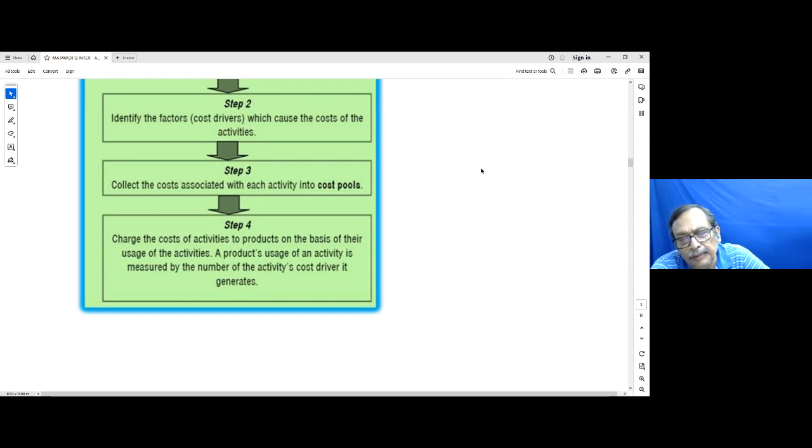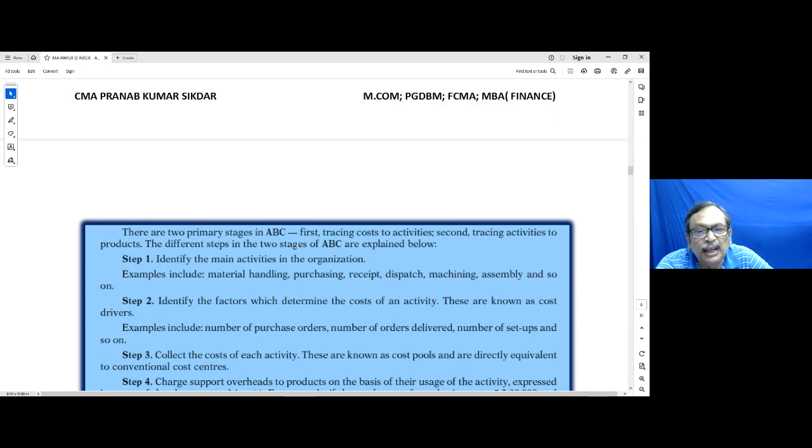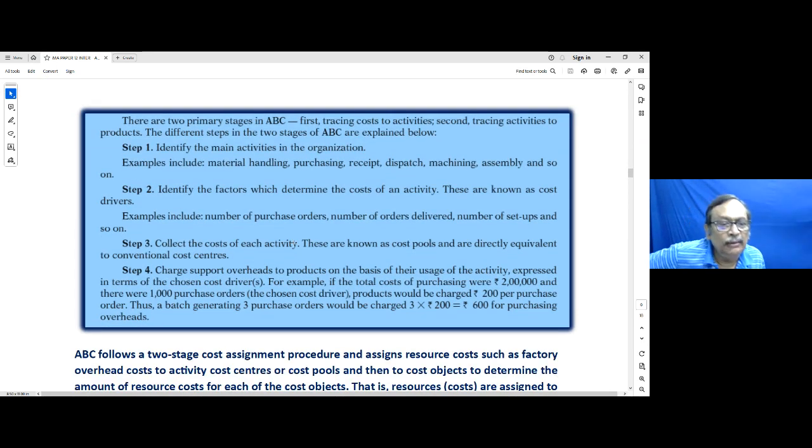A product's usage of an activity is measured by the number of the activity's cost driver it generates. Now we are taking an example so that you can easily understand. I'll be discussing thoroughly about cost pools, cost drivers, etc. after some time, so that you can understand what a cost driver is, what a cost driver rate is, what a cost pool is, and what the functions of these cost pools are, so that you can easily understand activity-based costing.